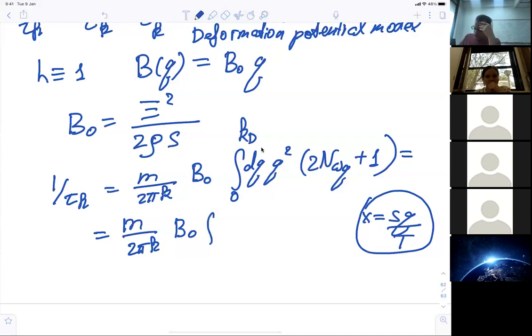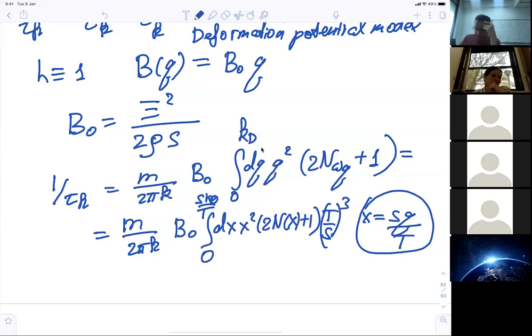And then it's an integral from 0 to s k dB divided by temperature, dx x squared times 2n of x plus 1 times T over s to the power 3.